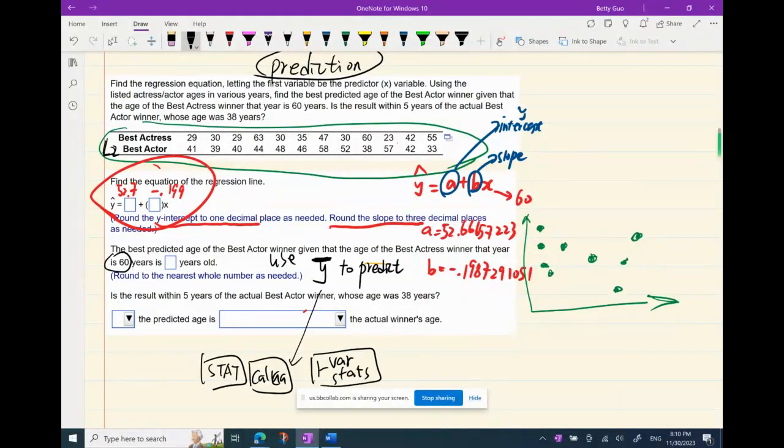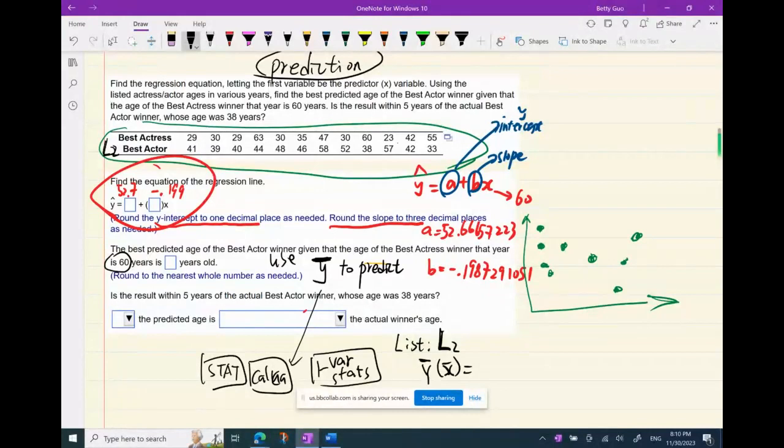And this time you need to enter L2 for lists, because our Y values are stored in L2. And then calculate. You will see X bar, but that actually is our Y bar. But on the calculator, it's going to be X bar.